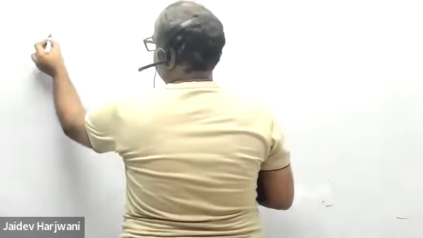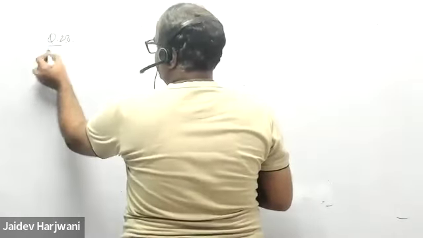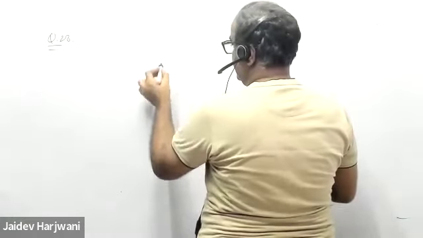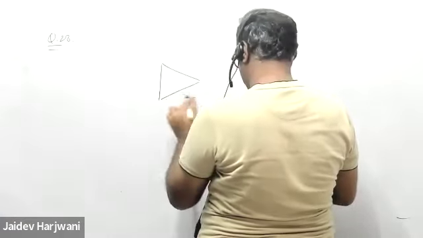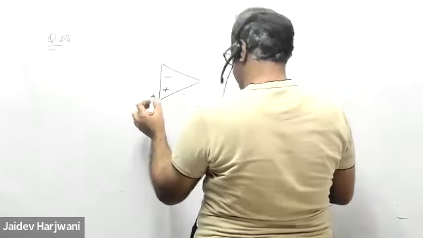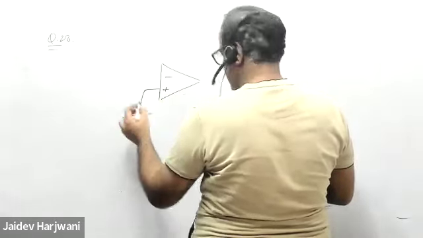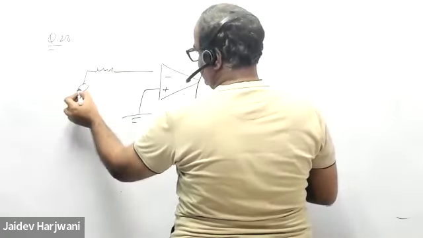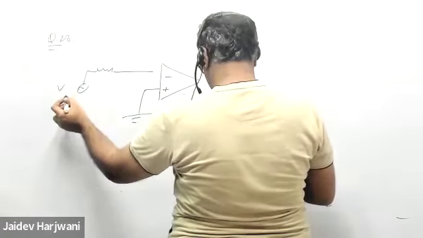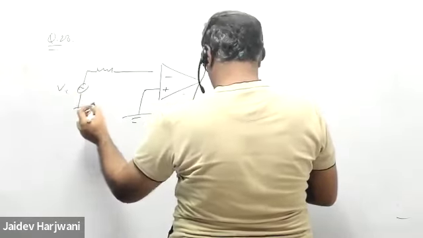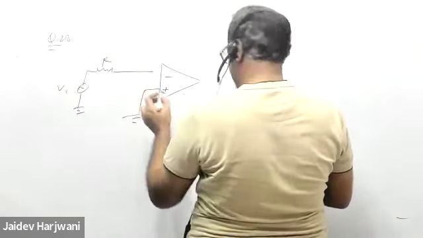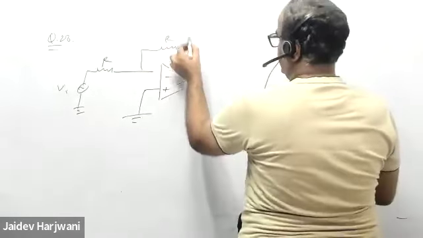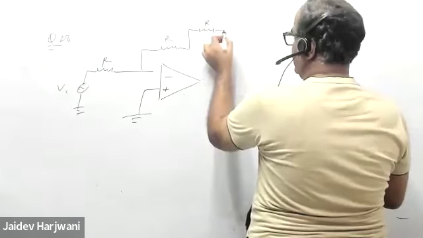This is minus, plus. This is R. This is V input. R. R. And then you have an R grounded.